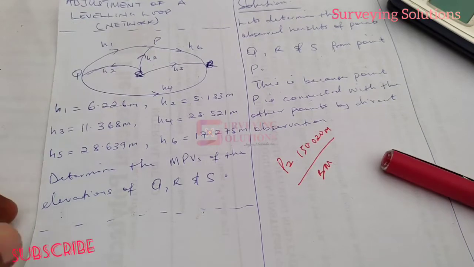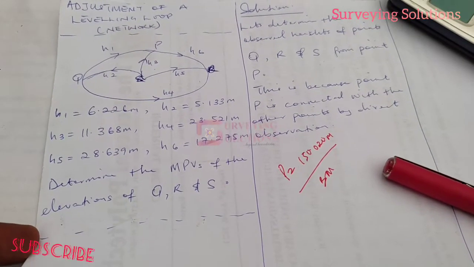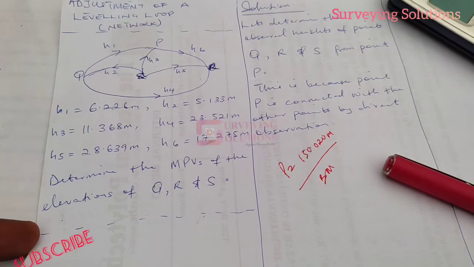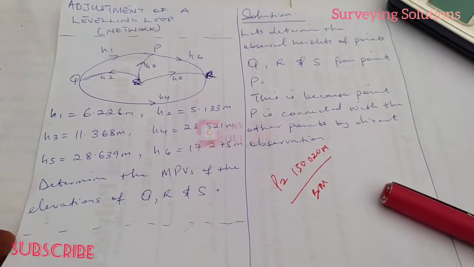Are we together? Good. Now we are given the elevation of point P, which serves as our benchmark, and we want to determine the most probable values of the elevations of Q, R, and S, and we are given the change in elevation between those points. Now the first thing is, the solution.